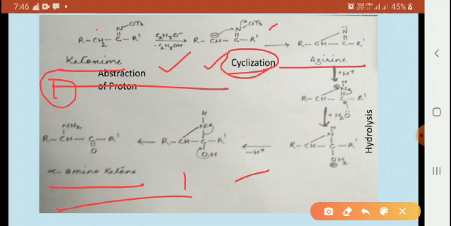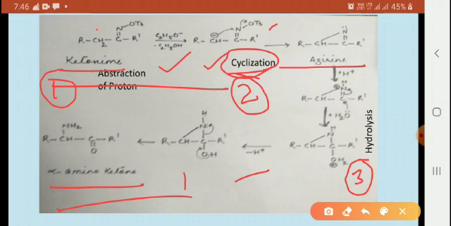The first step is abstraction of proton or deprotonation, the second step is cyclization, formation of the azirine ring, and the third step is hydrolysis. After three steps, ketoxime is converted into alpha aminoketone.